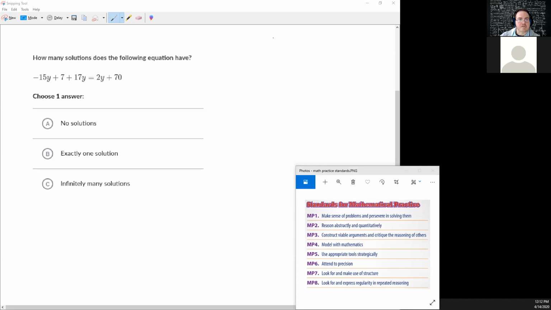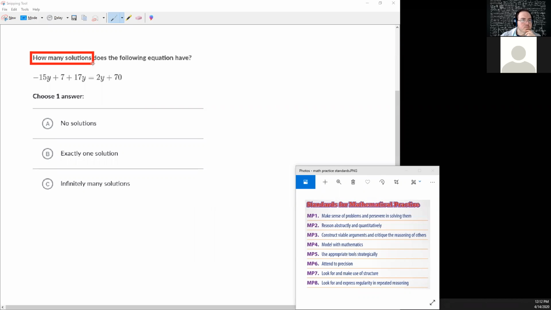So what we're being asked here is find out how many solutions are in this. And just to reiterate how this works, no solutions means you'll have something like 43 equals anything else. That's no solutions. Exactly one is what you'll end up with.